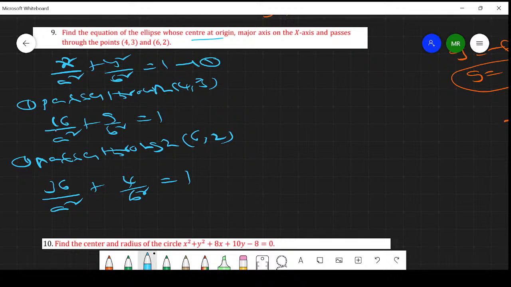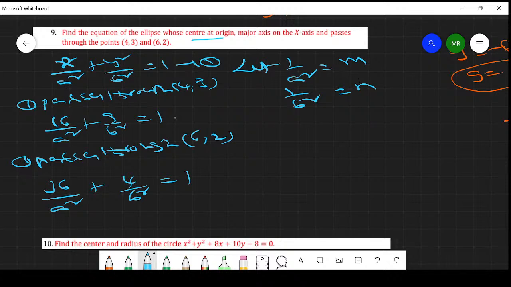For our convenience, let 1 by a square is equal to m and 1 by b square is equal to n. One is m, another one is n.